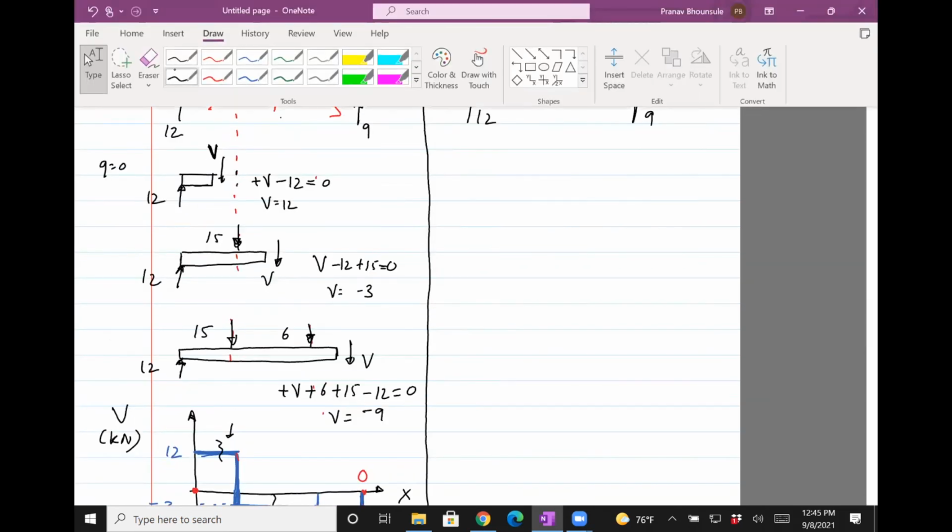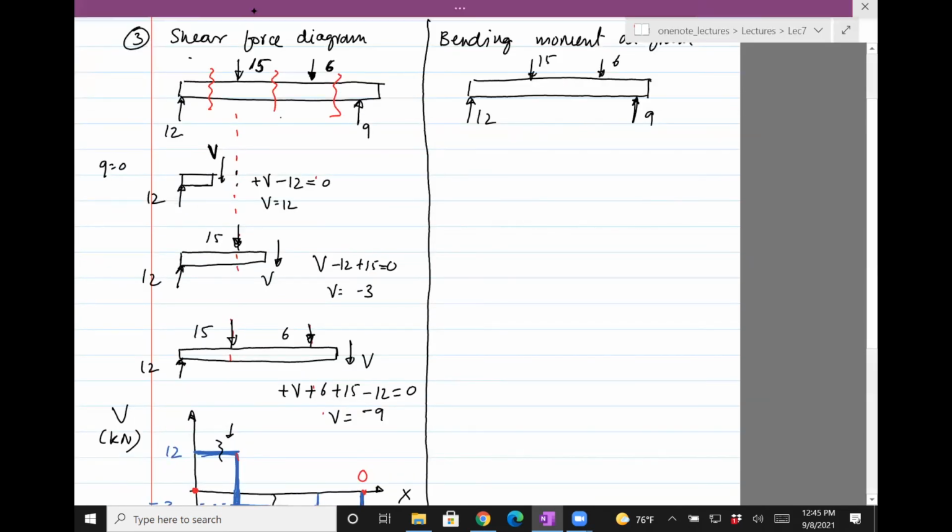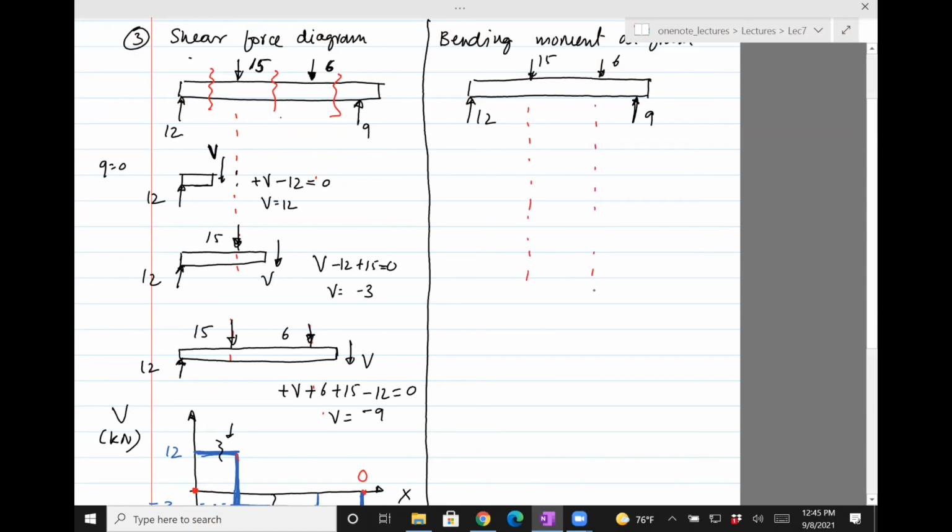So here is this. Okay, let's draw the same element, same element here as on the left side, and then again.